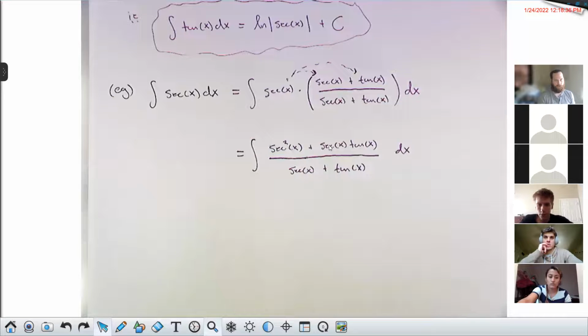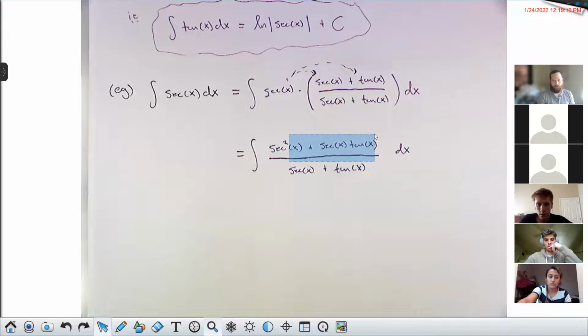Yeah, that's it exactly. Secant squared is the derivative of tangent. And where have we seen secant tangent before? Yeah, the derivative of secant. That's it exactly. So the top is the derivative of the bottom.